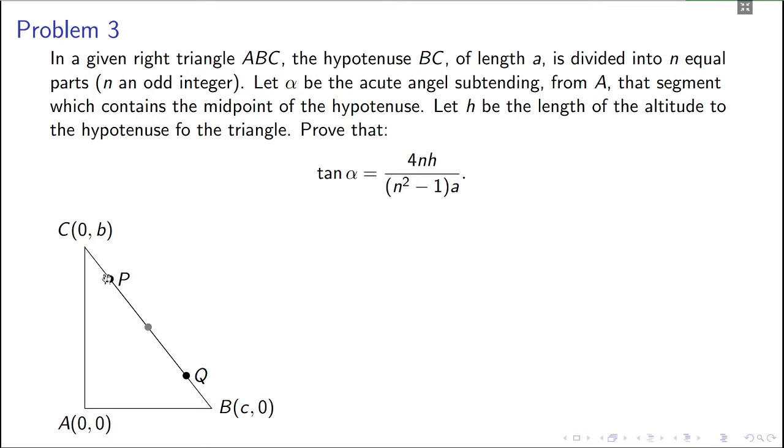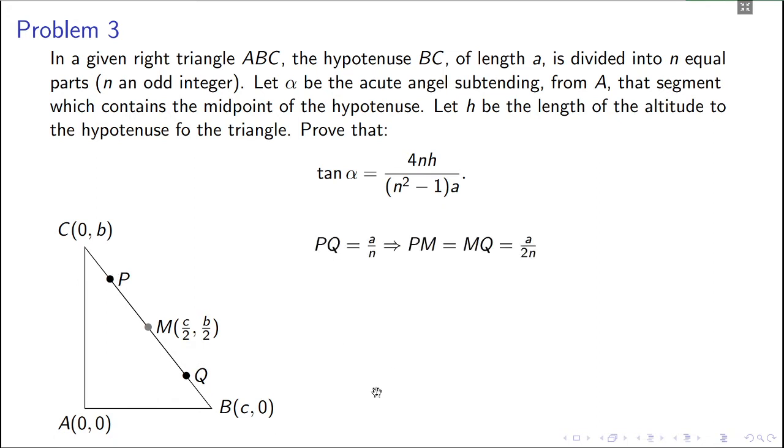Usually PQ will be much smaller, but just for clarity, I have drawn it apart. So what is the midpoint of this? This is (c, 0), this is (0, b), so the coordinate of this point will be (c by 2, b by 2). And from there can you calculate the coordinates of P and Q?